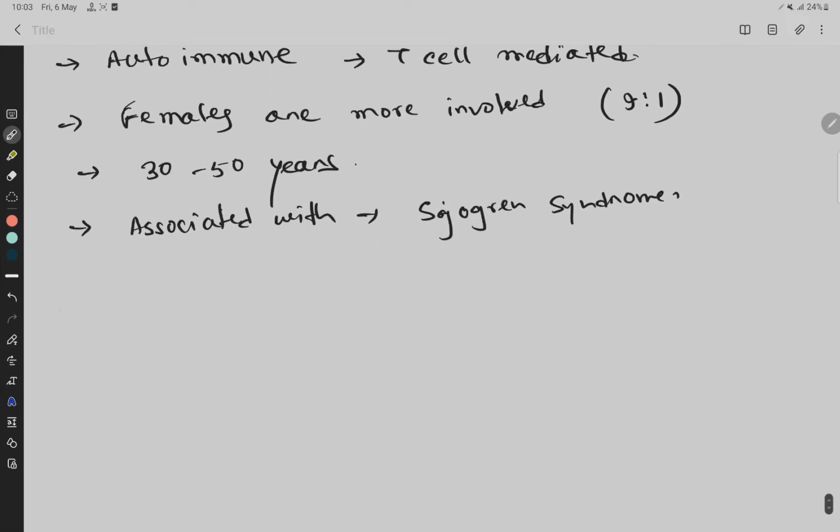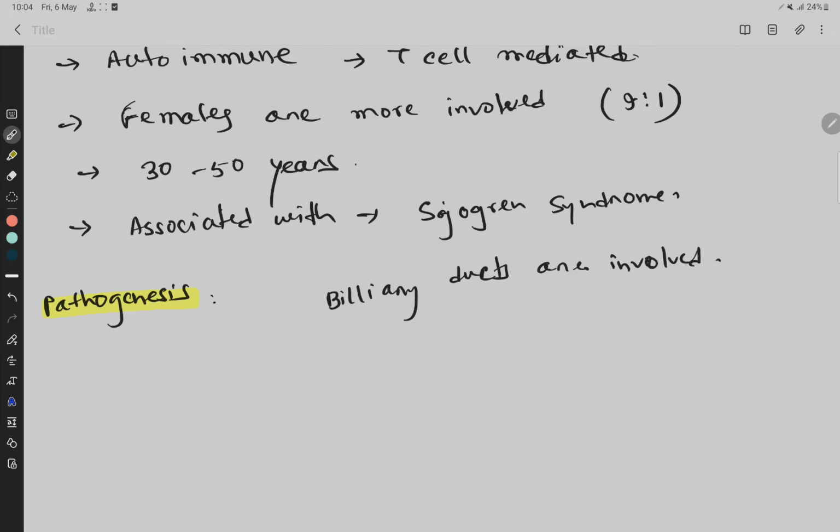So this is the pathogenesis. It is an autoimmune mediated disease, and mostly the biliary ducts are involved.